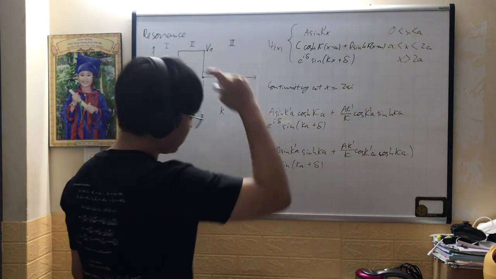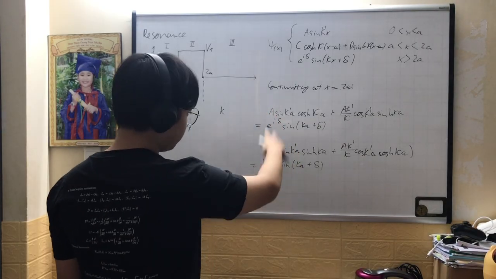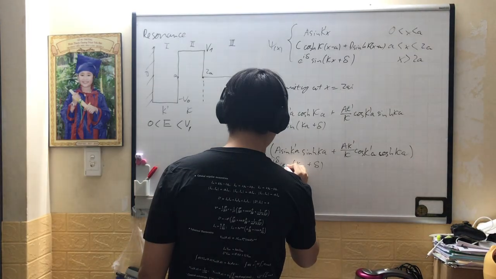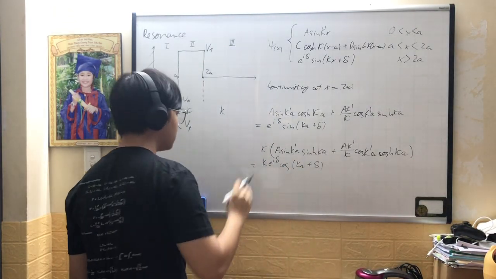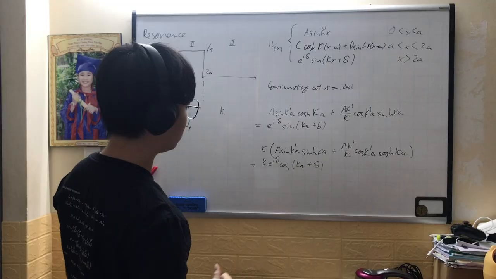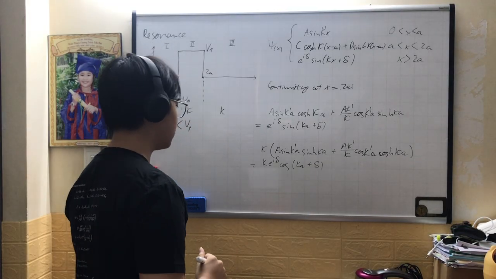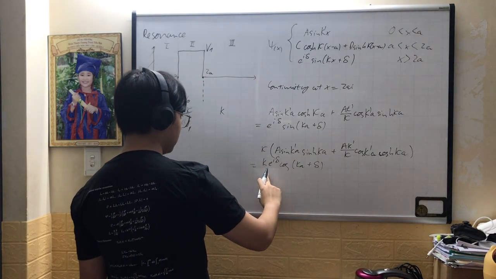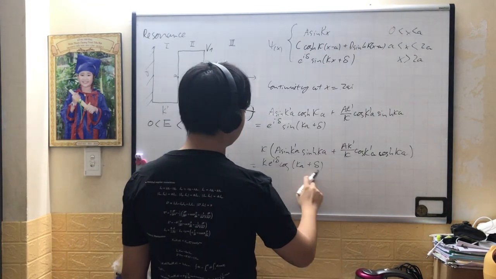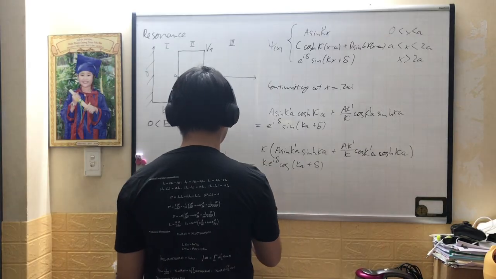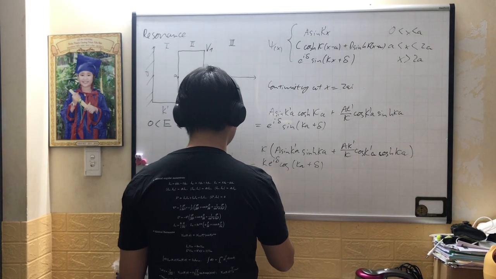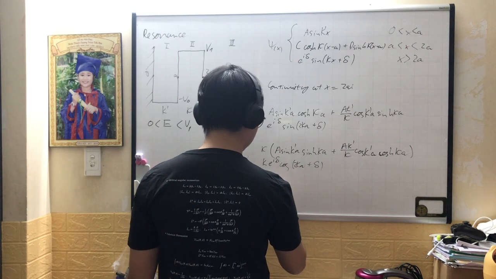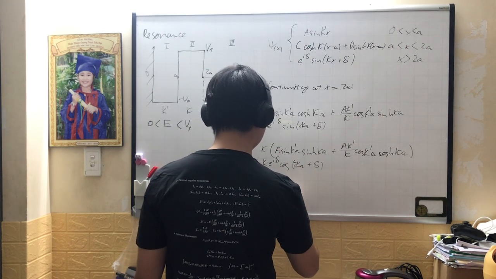Right, now you divide. This is cos, I'm sorry, cosine, not cos. You divide the k. So k on one side, that would be k cotangent. This is 2a, so it's 2ka plus delta.